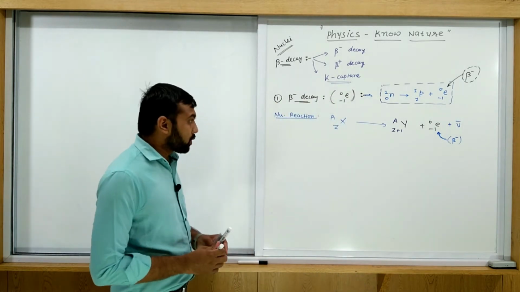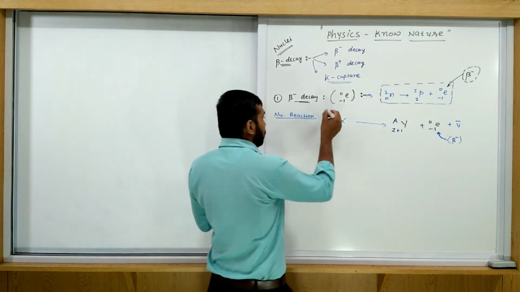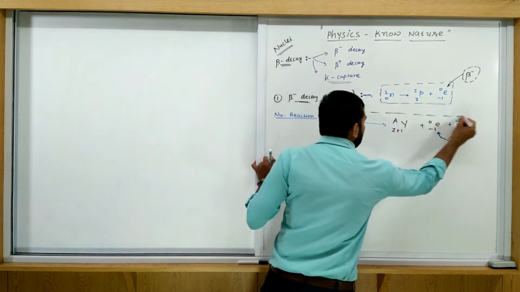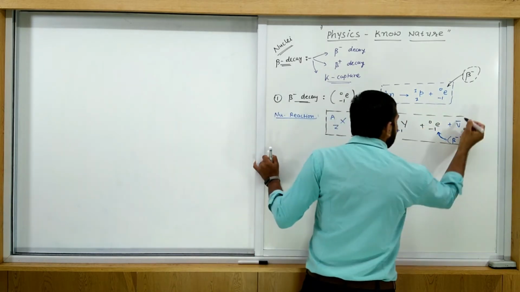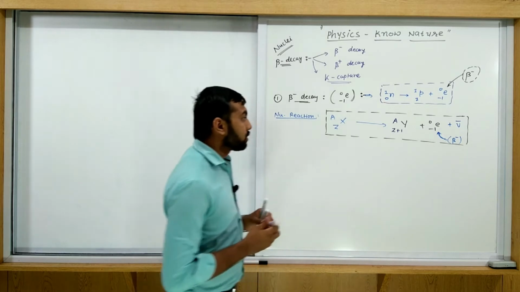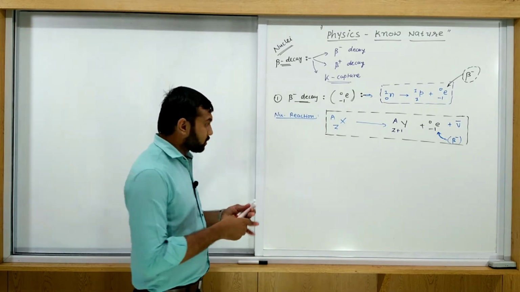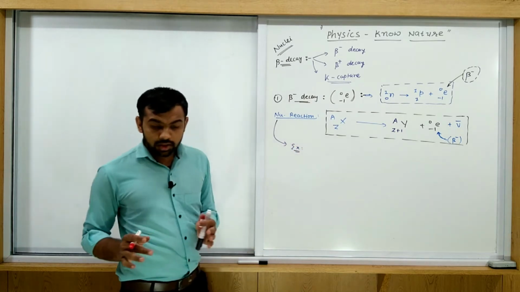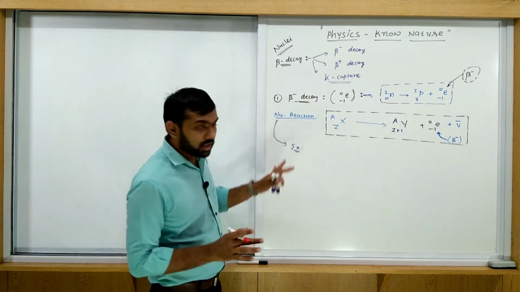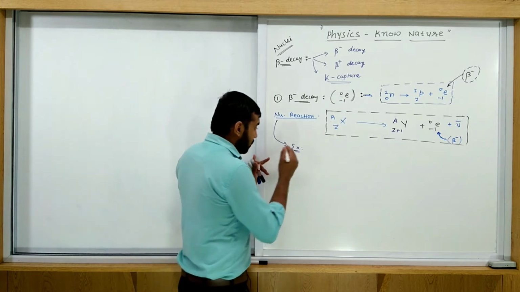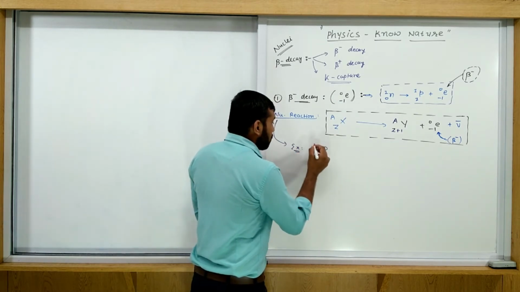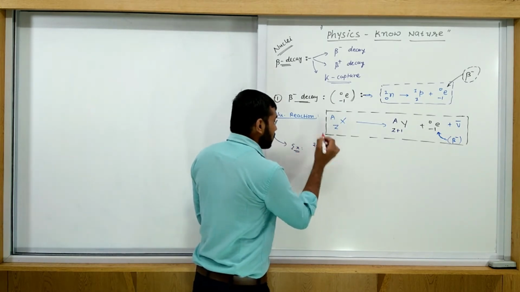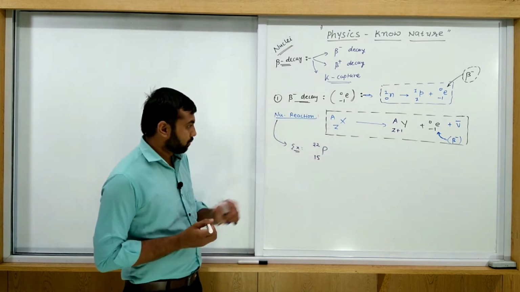This type of nuclear reaction is written here. Let's discuss one example. Consider phosphorus 15P32.